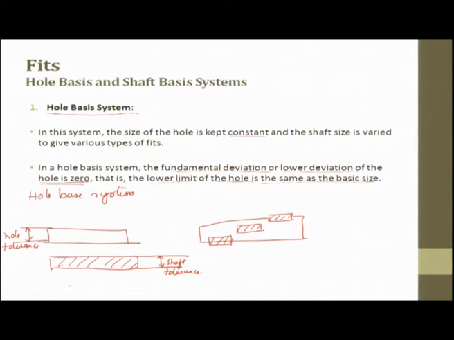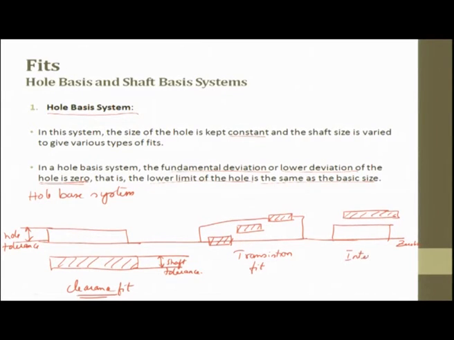This is a clearance fit in a hole based system. This is a transition fit, and this is the zero line. Here is the hole and here is your shaft. This is your zero line, and this fit is called an interference fit.